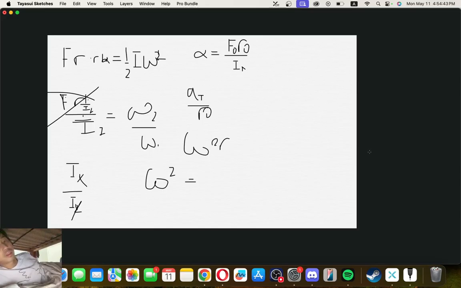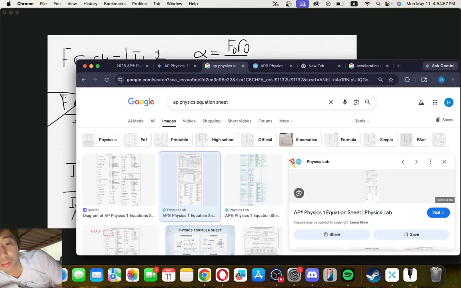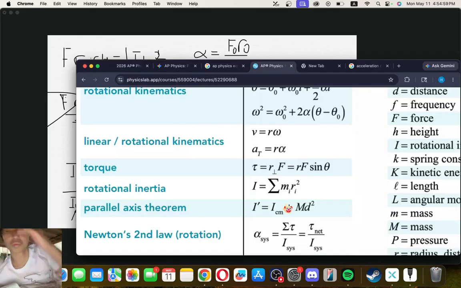Because alpha equals A_T over R, meaning alpha, wait, that would just mean alpha is equal to omega squared. That doesn't sound right. But given our relationship, might as well be.